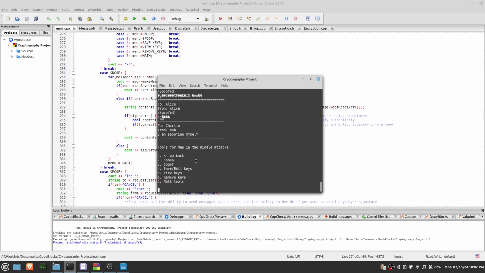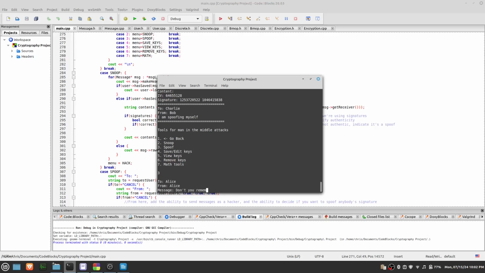But of course we can remove Alice's key, and so now that problem goes away.